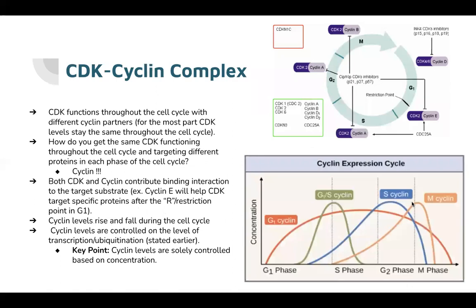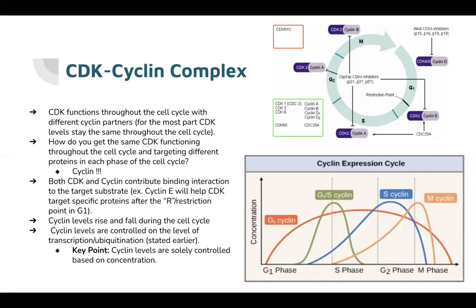All right, so now let's talk about these two as a complex, right? CDK functions throughout the cell cycle with different cyclin partners. For the most part, CDK levels stay the same throughout the cell cycle. So in G1, S, G2, M, CDK levels are going to roughly be the exact same.